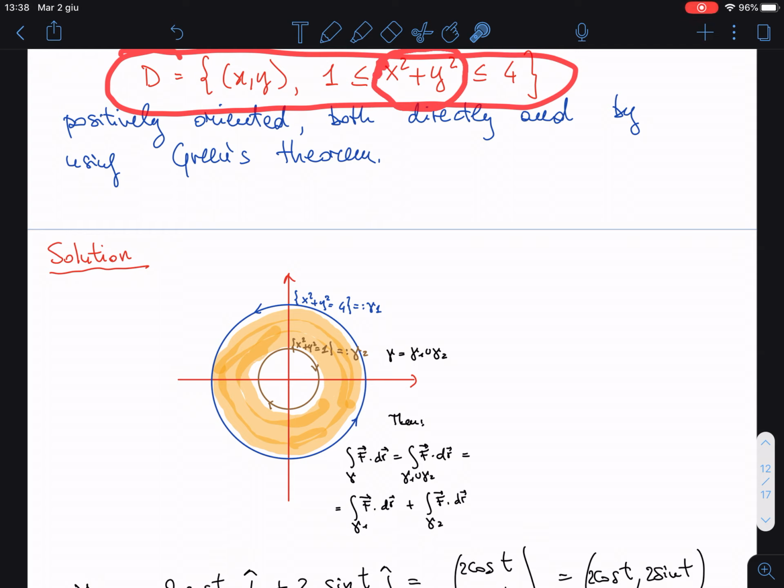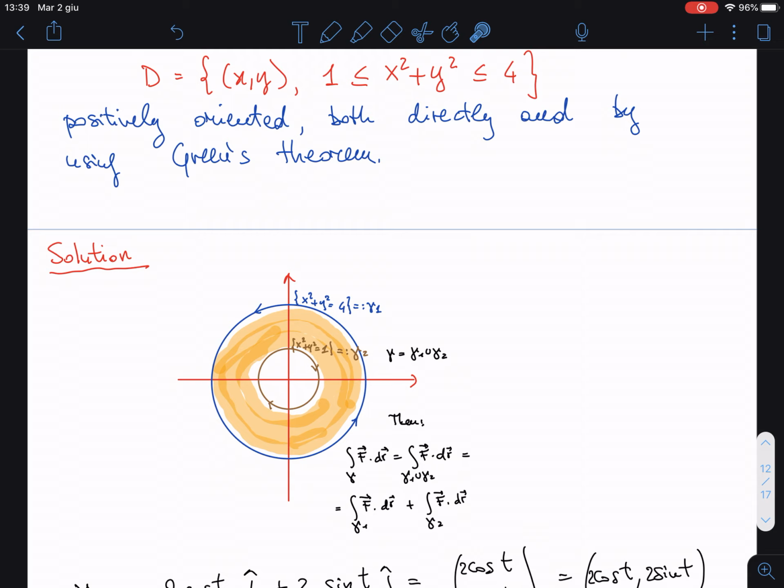So here we are saying that the distance from the origin must be between 1 and 2. Distance from the origin equal to 1 means this circle here, circle of radius 1 centered at the origin. And squared distance 4 is this one, circle of radius 2 centered at the origin.